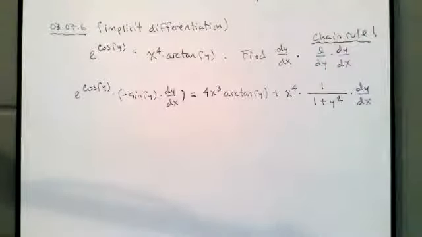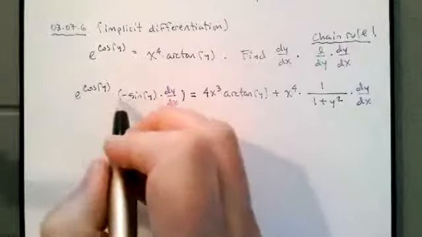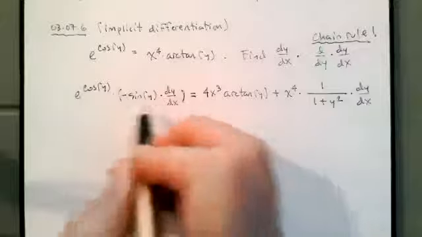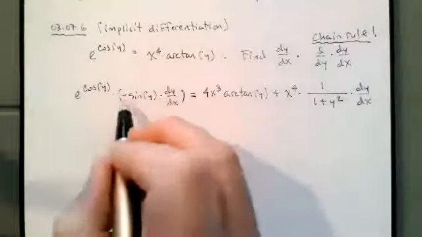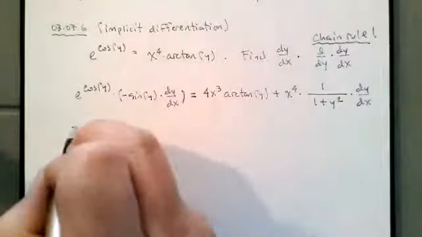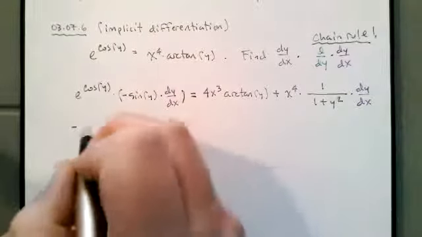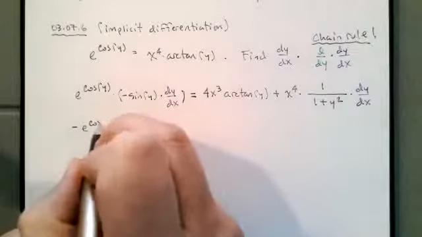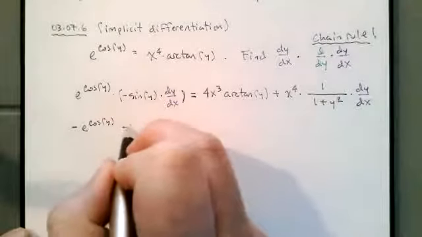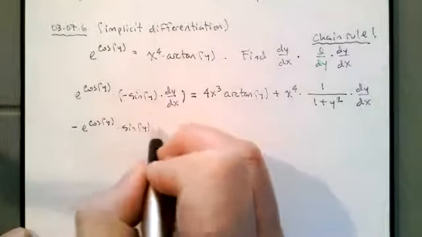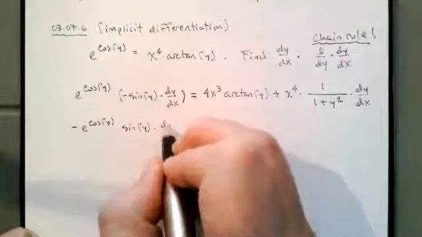We should algebra this up a little bit. So this term, I have a minus. I have to make sure to put parentheses in here because this term is now negative. So I'm going to rewrite this as minus e to the cosine y times sine y times dy dx.